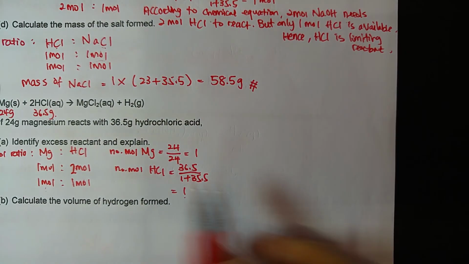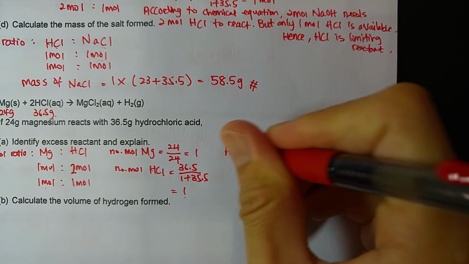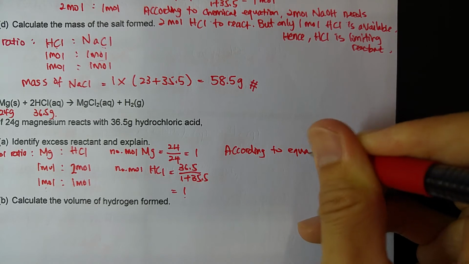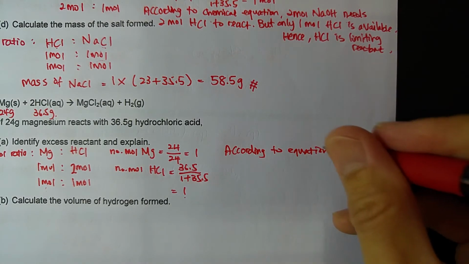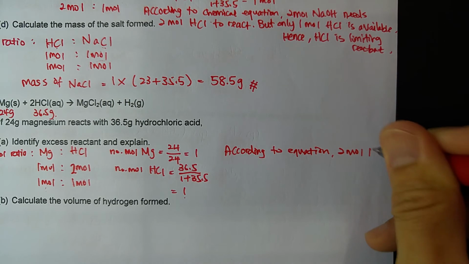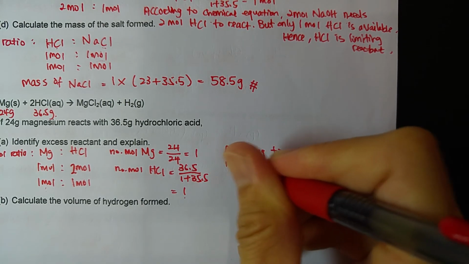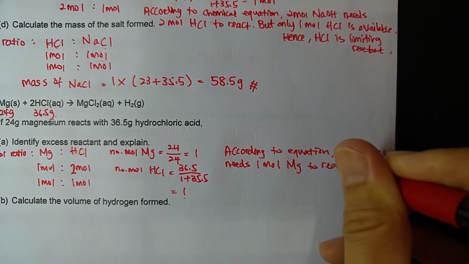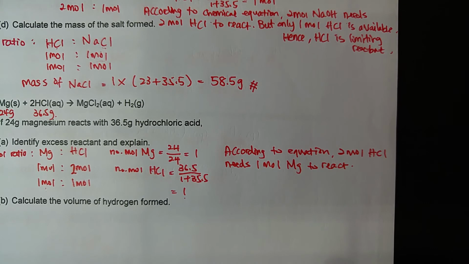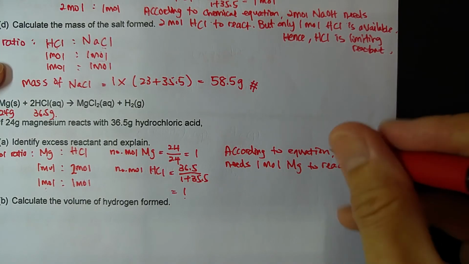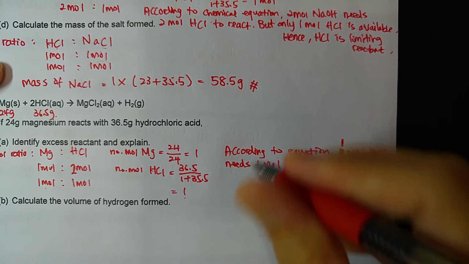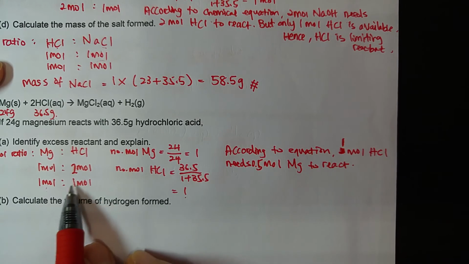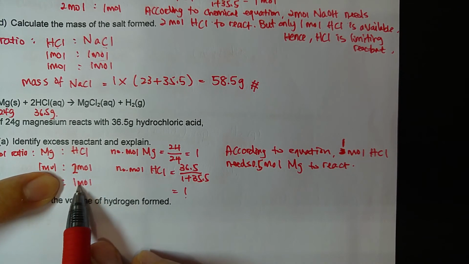Okay? So again, the explanation part is the same. So you can say according to equation, 1 mole of HCl needs 0.5 mole of Mg to react. Just how we say 2 is to 1, 1 is to 0.5.